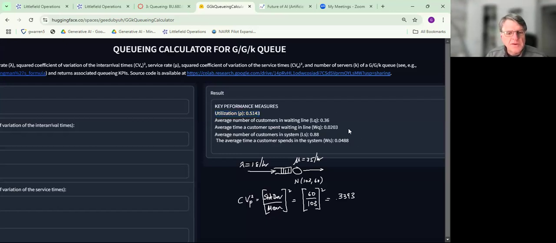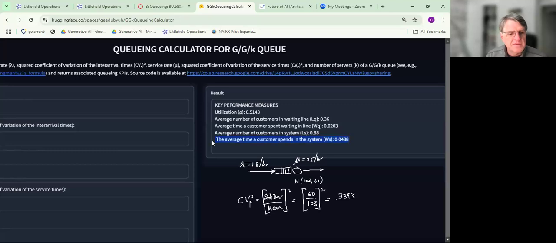And then you can certainly get the waiting time in the line. You can also see how many people are on average waiting in the line. But the key quantity here for me is this guy here, the time in the system. That is expressed in hours. 0.0488 times 60 is 2.928 minutes.